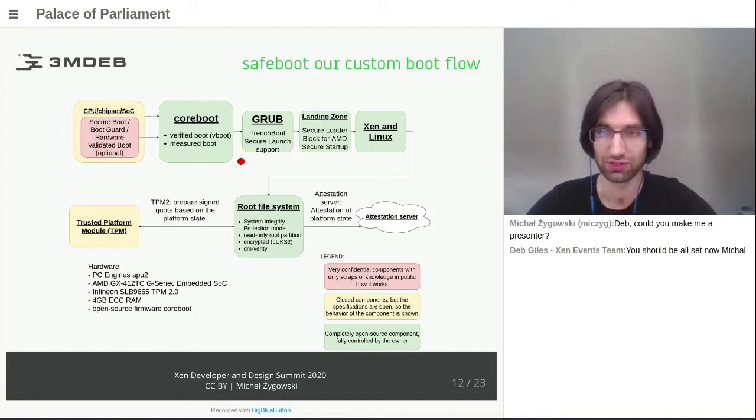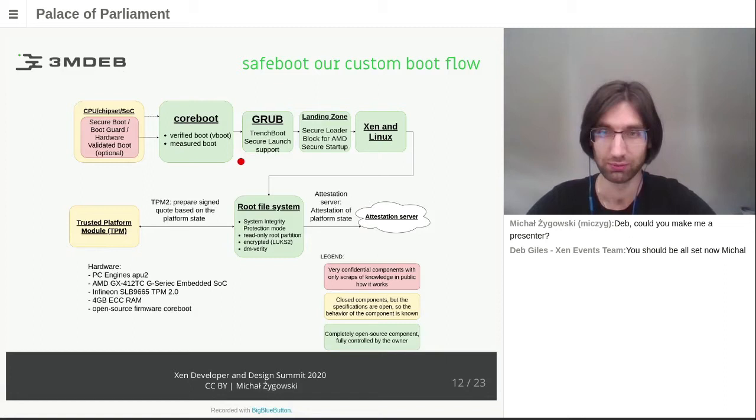When we finish with the measurements, we launch the Xen hypervisor and Dom0 Linux kernel, which also does the decryption of the root file system based on the PCRs. But this time we are using the DRTM PCRs to unseal the LUKS key.